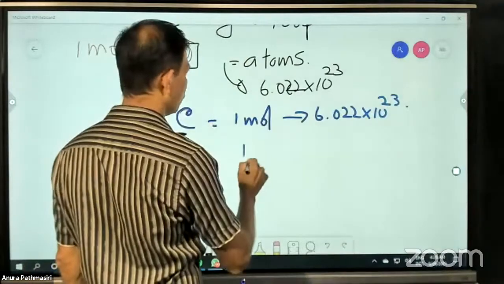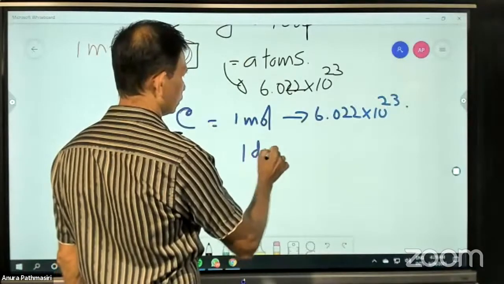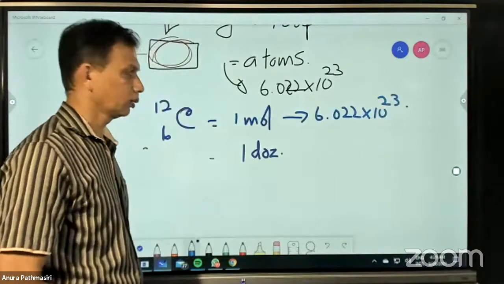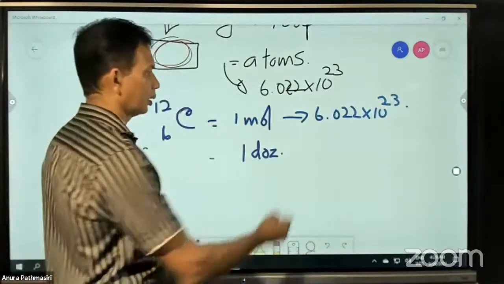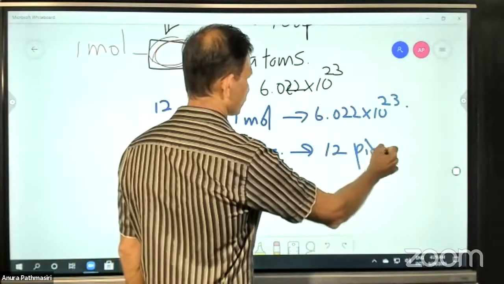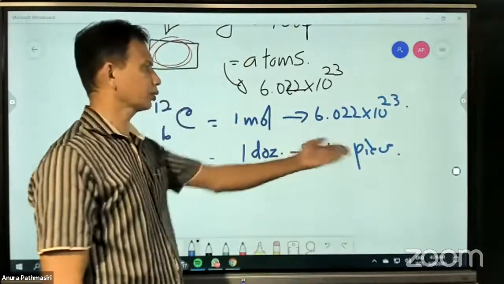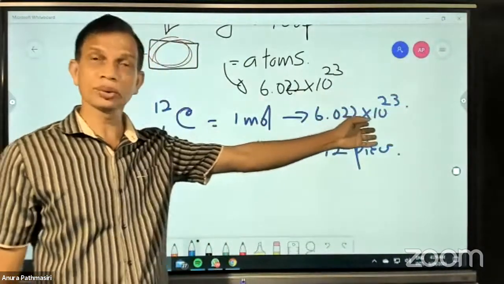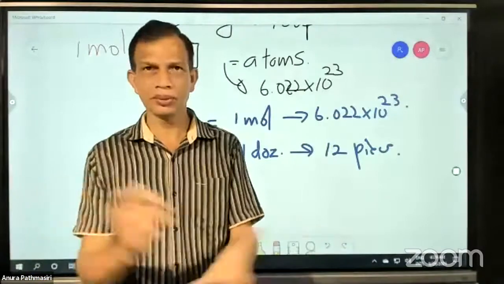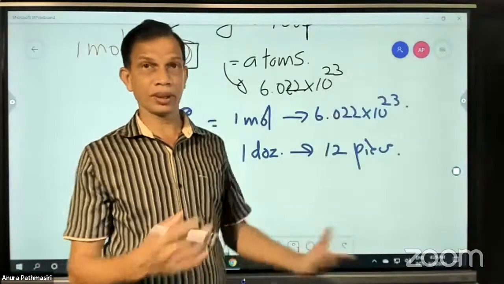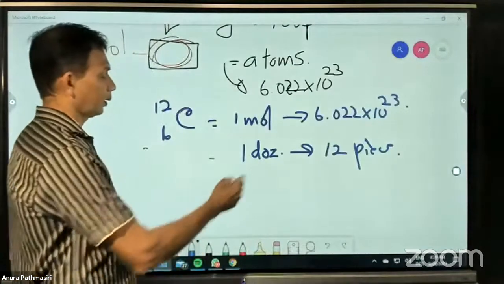If you have 1 dozen of oranges, there you can get 12 pieces. 1 dozen, 12 pieces; 1 mole, 6.022 times 10 to the power 23 atoms. If you say carbon, or if you say oxygen, right?